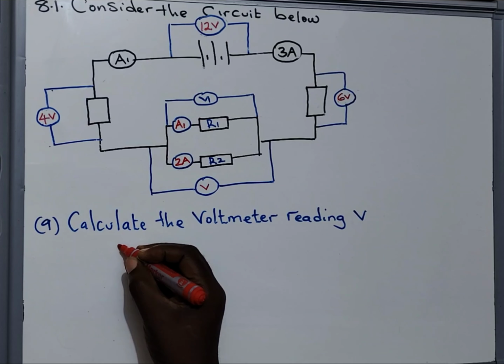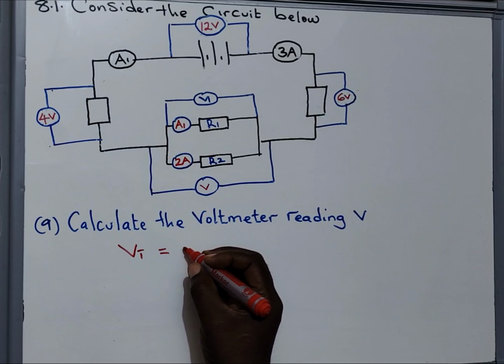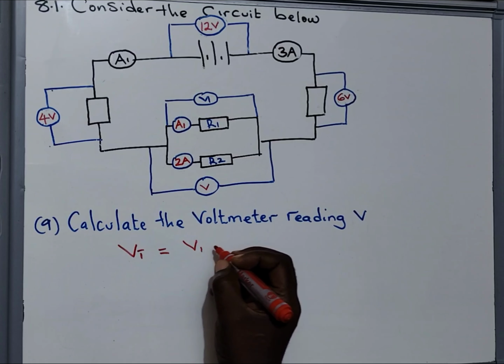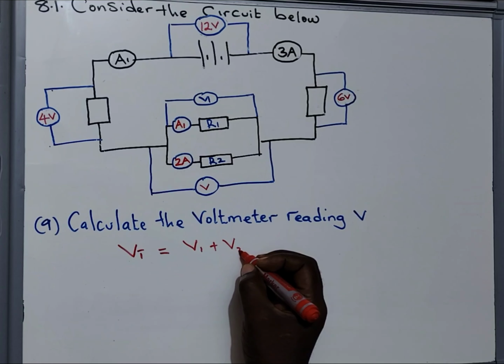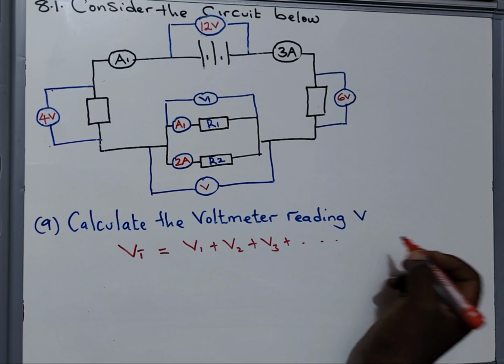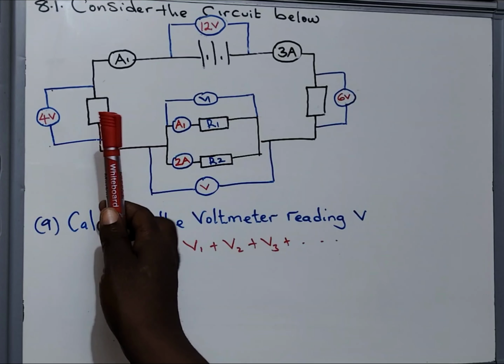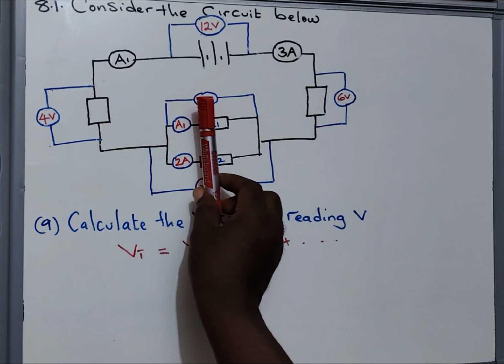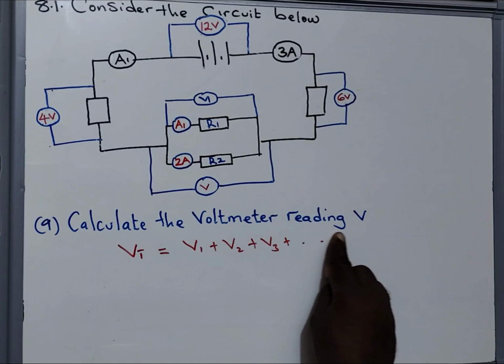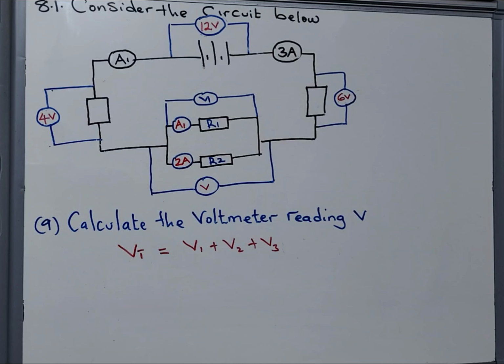We know that for components, V terminal is equal to V1 plus V2 plus V3 plus, depending on the number of resistors you have. But for this case, you have 1, 2 and 3, so we can as well stop here. Now, we know the V terminal.